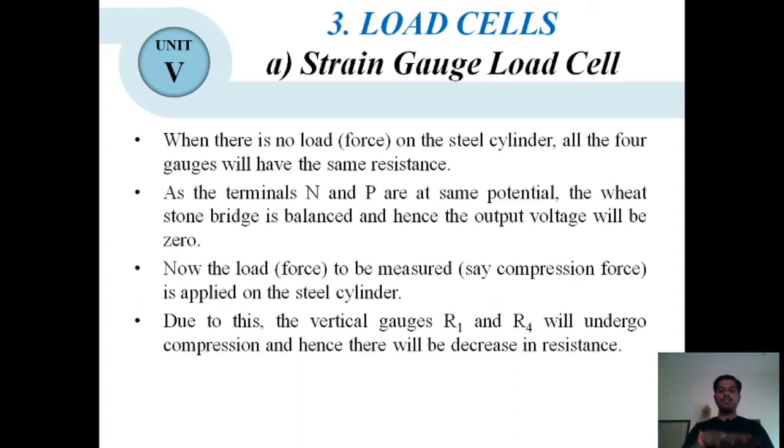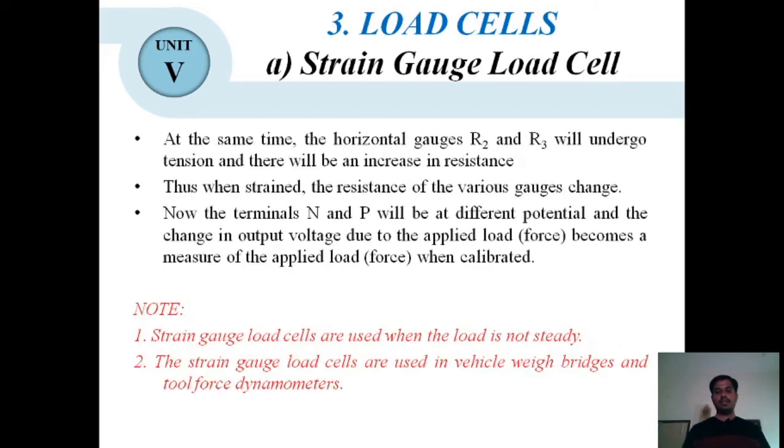If we use a compressive force, it will act along the axis of the cylinder. Along the axis of the cylinder, we have provided the strain gauges R1 and R4, which will undergo compression, and there will be a decrease in resistance. When there is compression, there is a decrease in resistance. When there is tension, there is an increase in resistance.